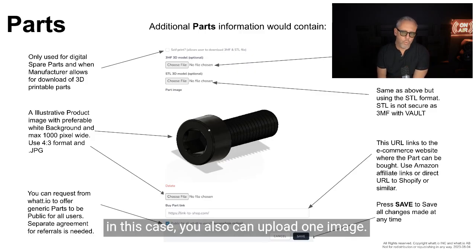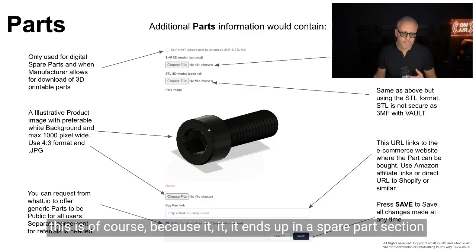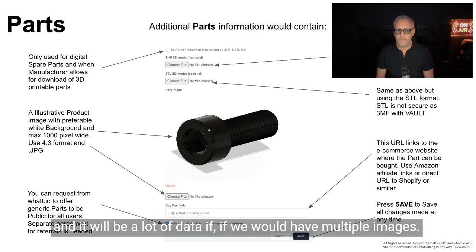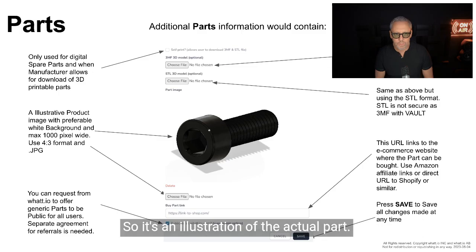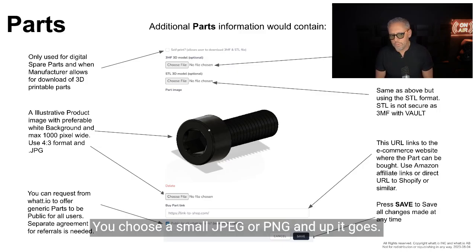You also can upload one image. There is one image limitation on parts. This is of course because it ends up in a spare parts section, and it would be a lot of data if we had multiple images. So it's an illustration of the actual part. You basically click choose file, you choose a small JPEG or PNG, and up it goes.